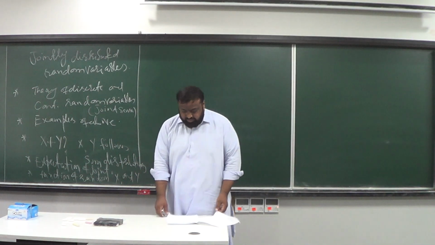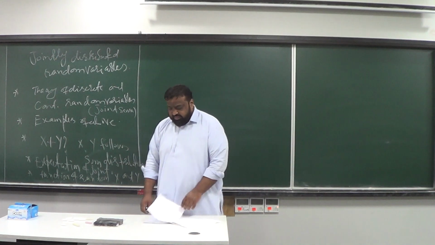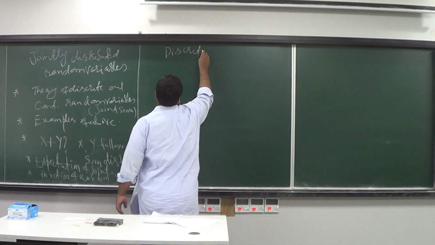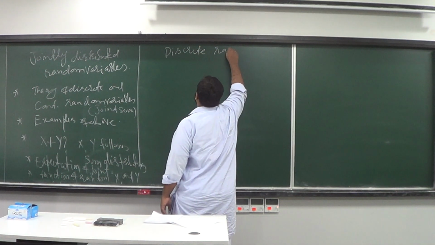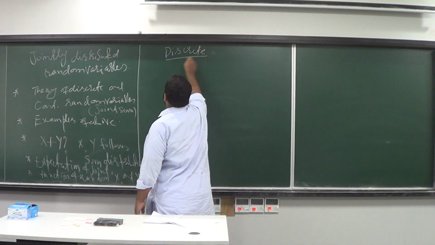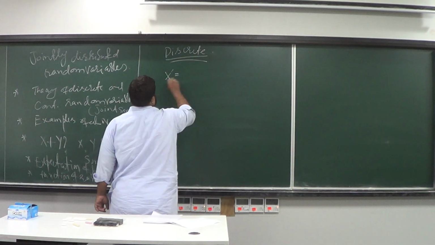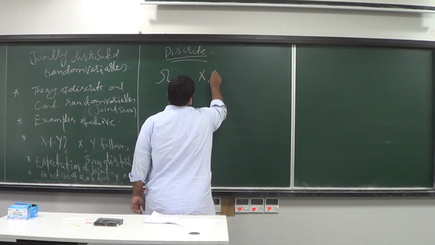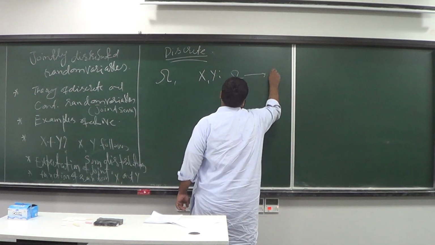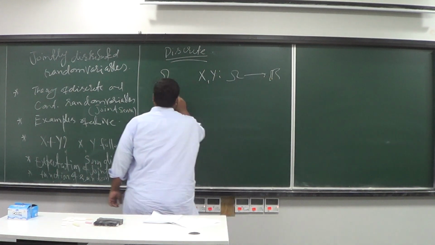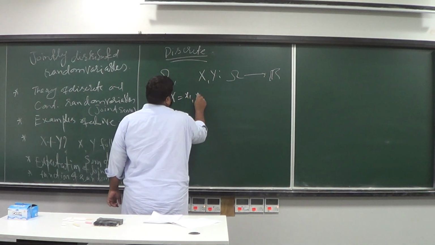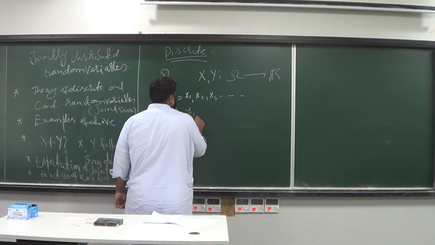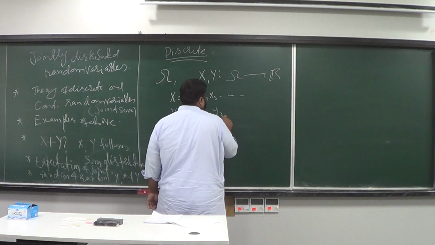So let's just start with the discrete case. Let's imagine that I have two discrete random variables. Imagine I have a sample space omega, and X and Y are two random variables on the same sample space, while X takes values x1, x2, x3 and so on, and Y takes values y1, y2, y3 and y4.